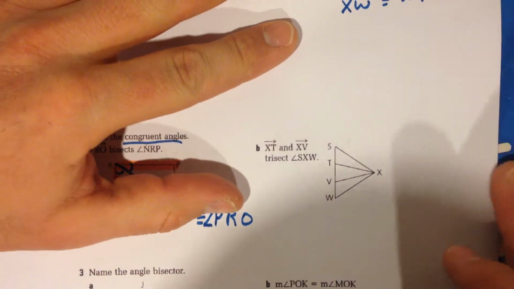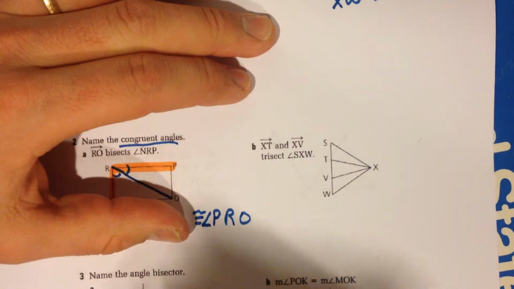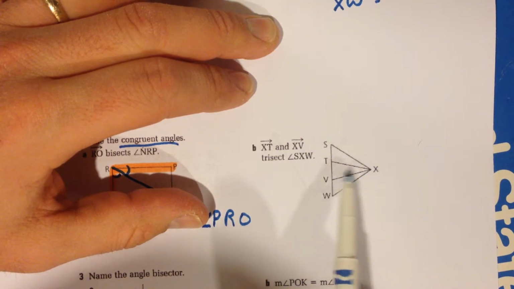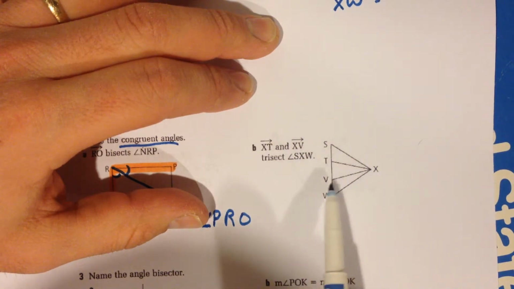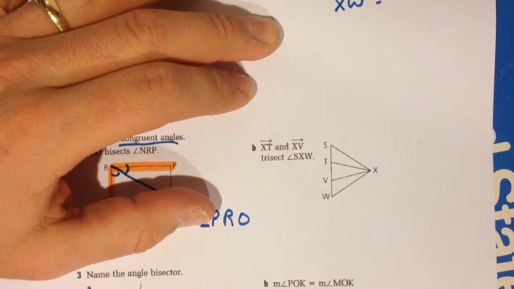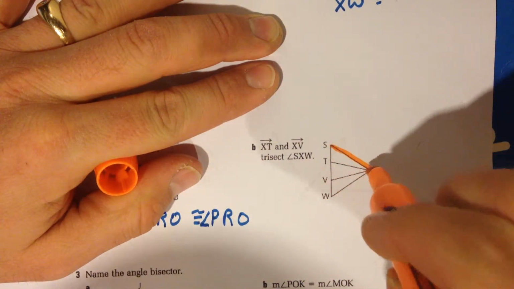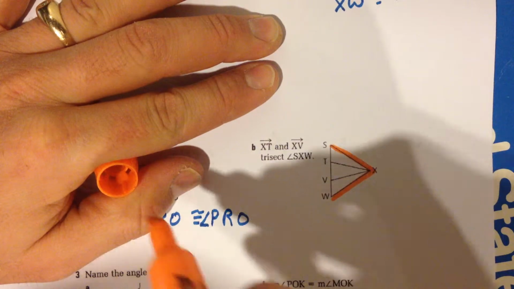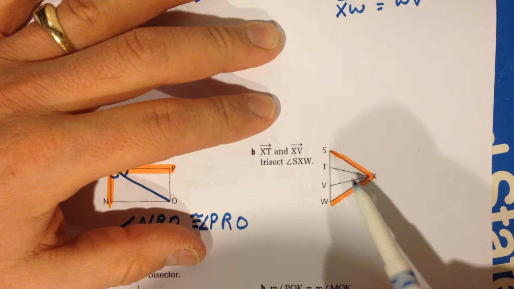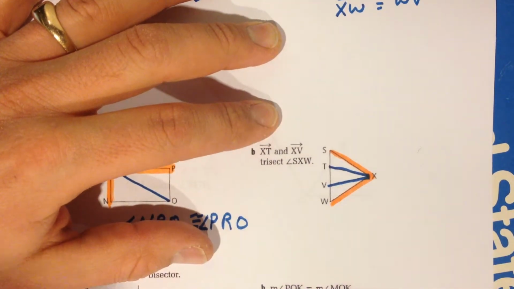Okay, this one here, for some reason it printed a little bit smaller than the other ones, but here you go. What it tells us is that XT and XV trisect the angle SXW. So this big angle SXW is trisected by these two lines, XT and XV.